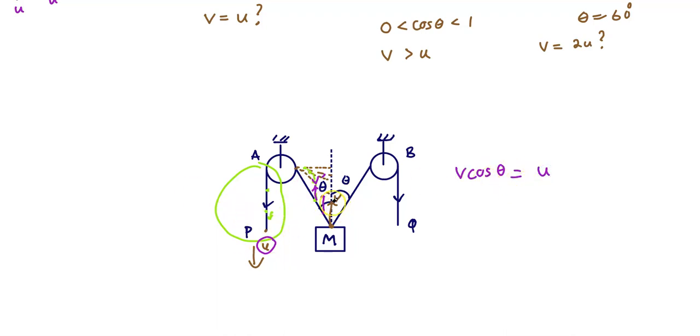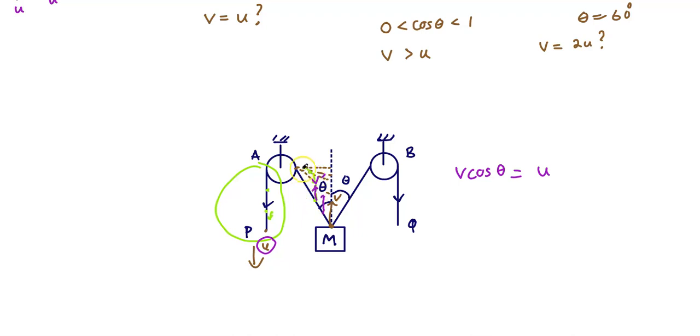Because the string is inextensible, all of these velocity vectors of different points along the string have to equal u in this component. Okay, and so these points are more complicated to track, because like I said, it looks like it's a curve to me, and it's probably another JEE problem for the future where we find the equation of this curve.